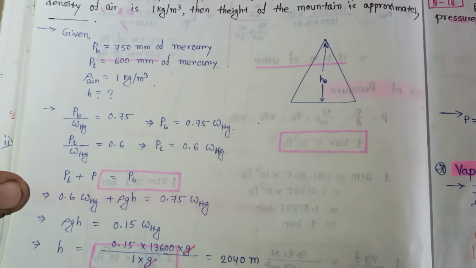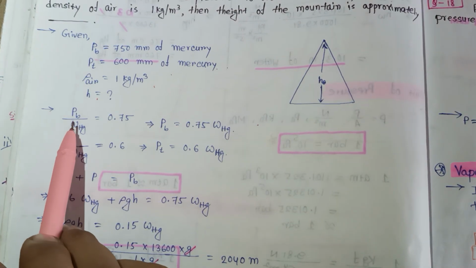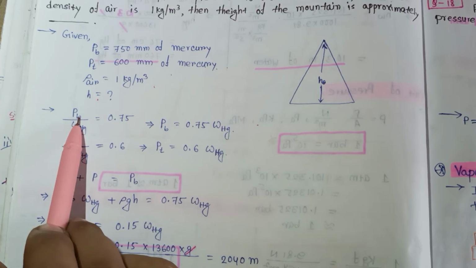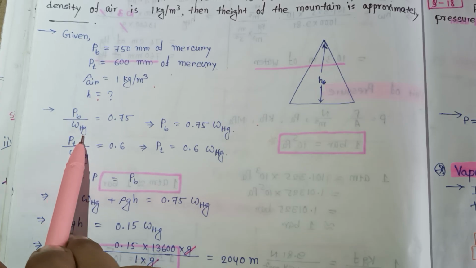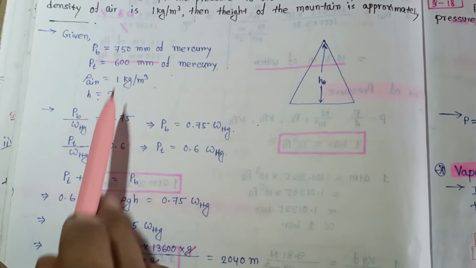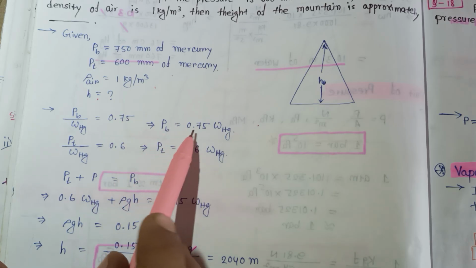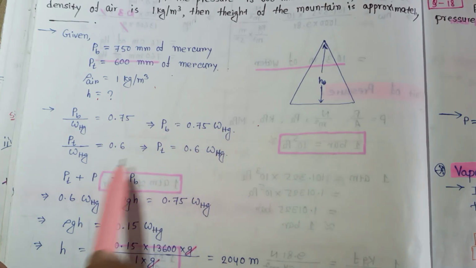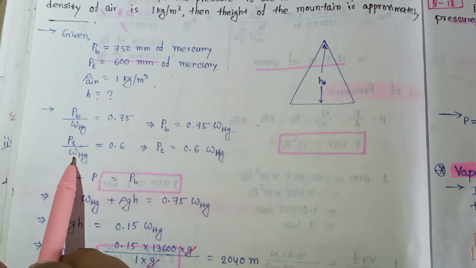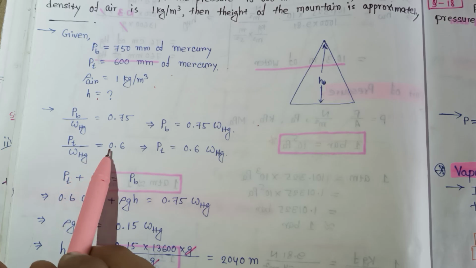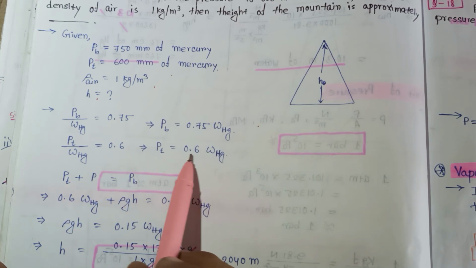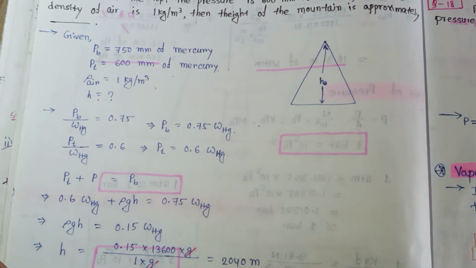So PB by omega of Hg is equal to 0.75, so PB is equal to 0.75 omega Hg. PT by omega Hg is equal to 0.6, so PT is equal to 0.6 omega Hg.